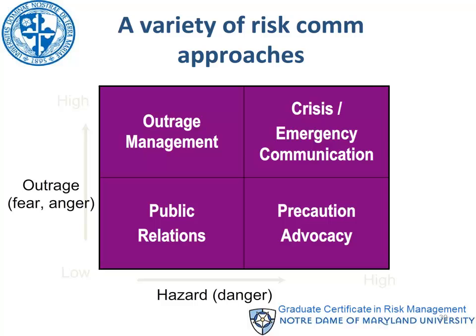The vertical axis goes from low outrage to high outrage. And the combination of outrage and hazard give us 4 different distinct risk communication approaches: public relations, precaution advocacy, outrage management, and crisis or emergency risk communication.